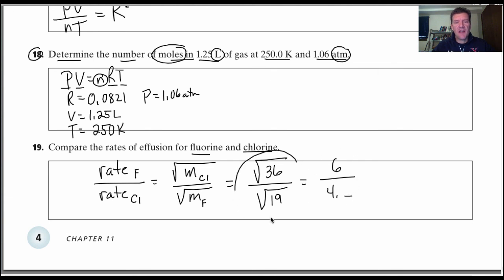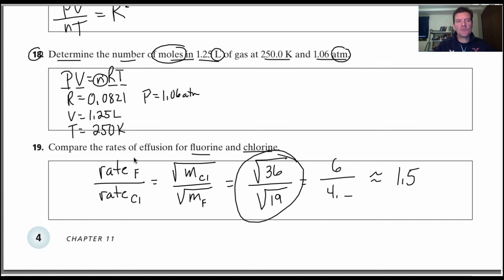You are going to find and evaluate this. This is going to be close to 3 halves. It's close to 1.5. I'm just estimating, just doing some mental math here. So let's say it's approximately 1.5. What does that mean? Make sure you understand what this means.